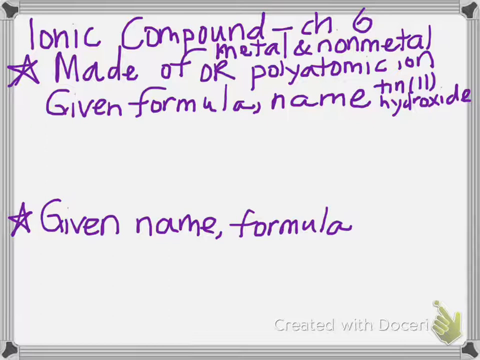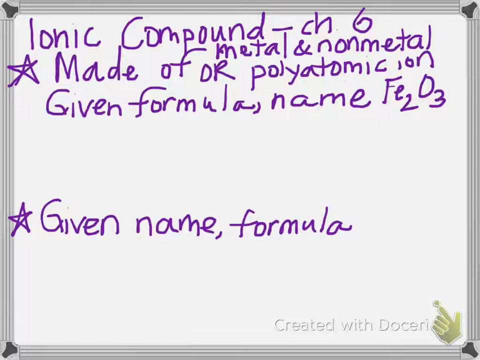I did the wrong thing. So let me erase that. Sorry about that. We're doing the other way. We want to start with when I give you the formula. So let's say that it is Fe2O3.